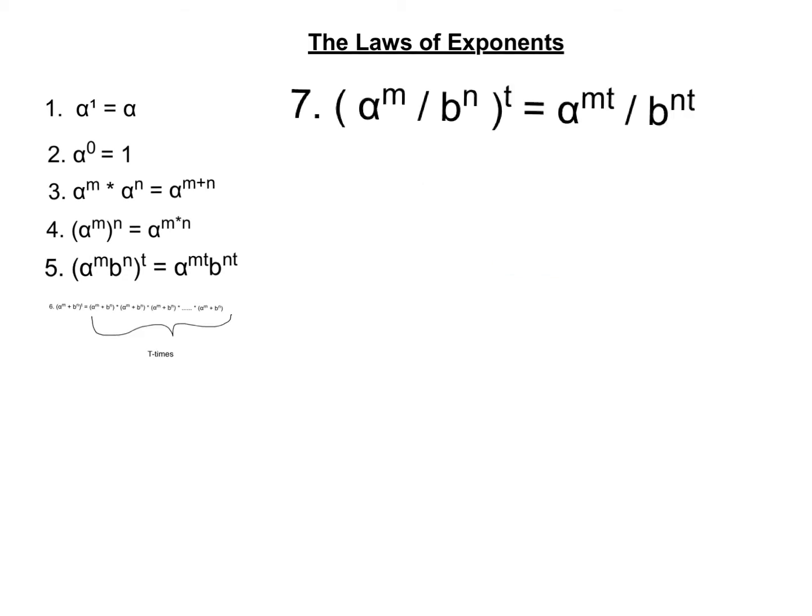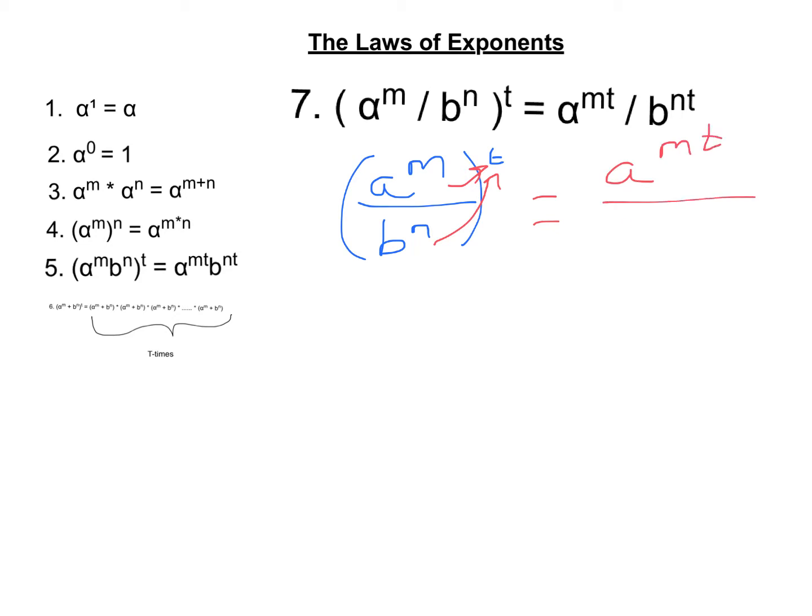Alright, now when we deal with fractions, if I have common base a to the nth over common base b to the nth, or you may see it more like this, and you raise it to the tth. Again, we're still going power to power here, so we're going to multiply the exponents. So a to the mt, b to the nt.